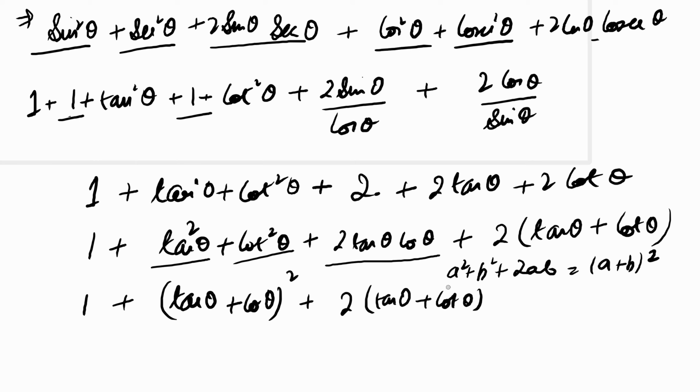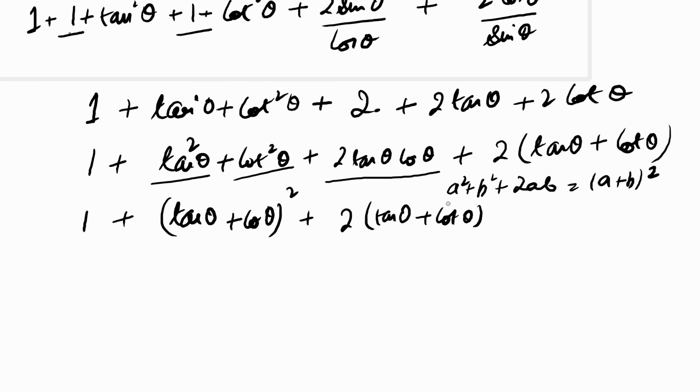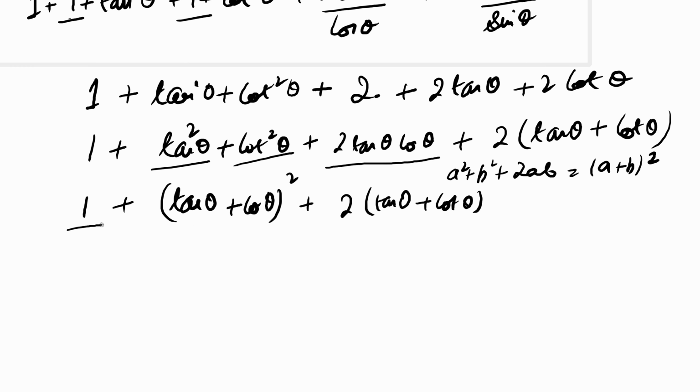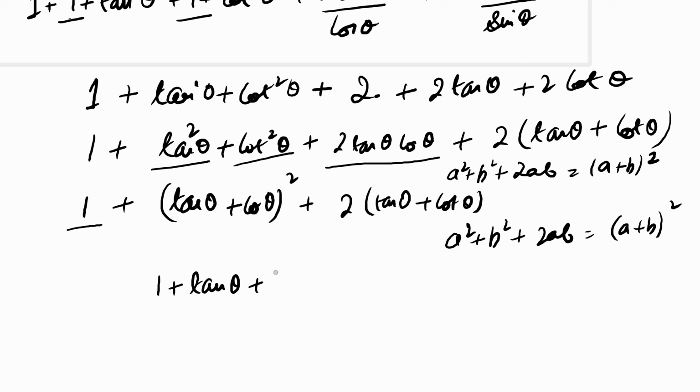Now you can see this will again become 1 square plus tan theta plus cot theta whole square plus 2ab. Again we are using the same formula: a square plus b square plus 2ab is equal to a plus b whole square. So this will become 1 plus tan theta plus cot theta whole square.